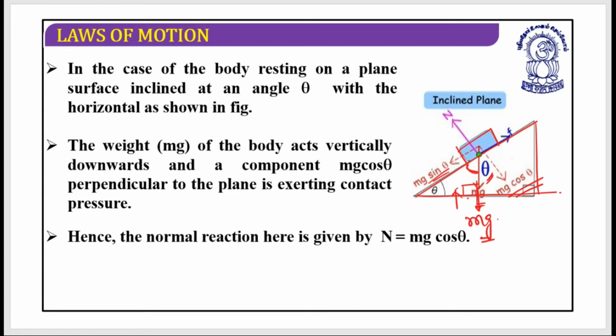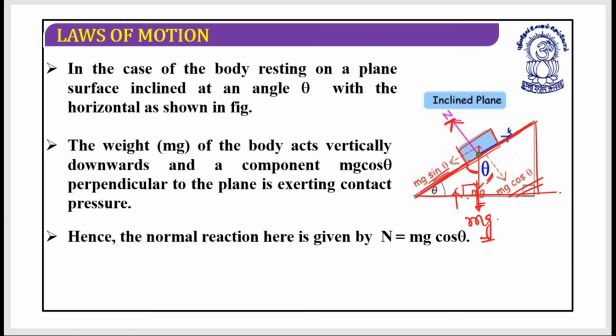Now the question is, where is the normal force? What we understand is that normal force is always perpendicular to the area of contact. So this is the surface which is in contact, and from here a perpendicular has been drawn, and this perpendicular force is considered the normal force.